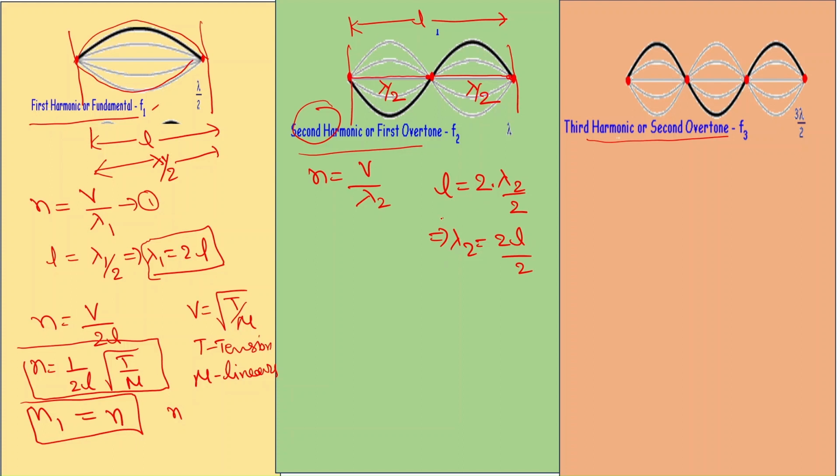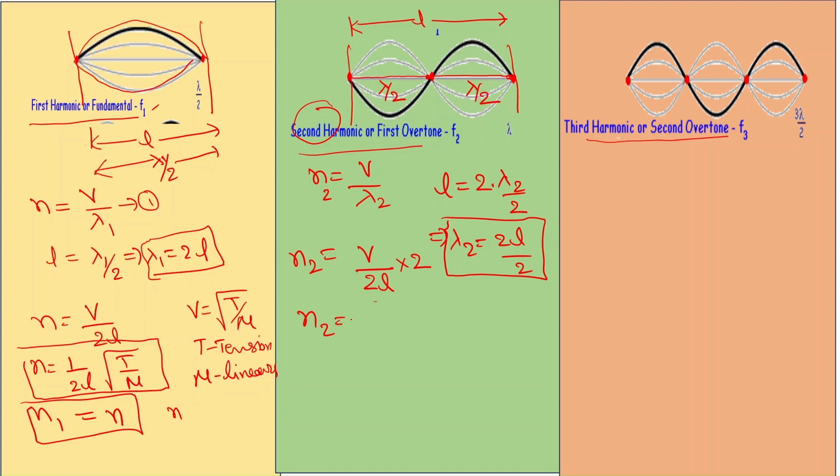By substituting this lambda 2 value in the n value, then n2, this is the second harmonic, n2 is equal to V by lambda 2. In the lambda 2 place, 2L by 2, that will become multiplied.